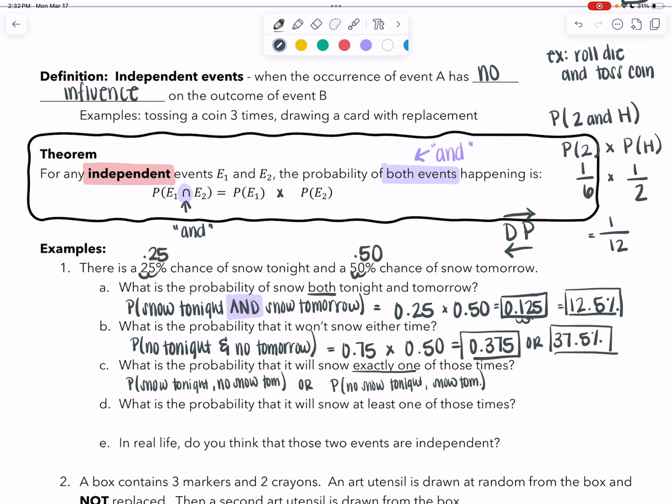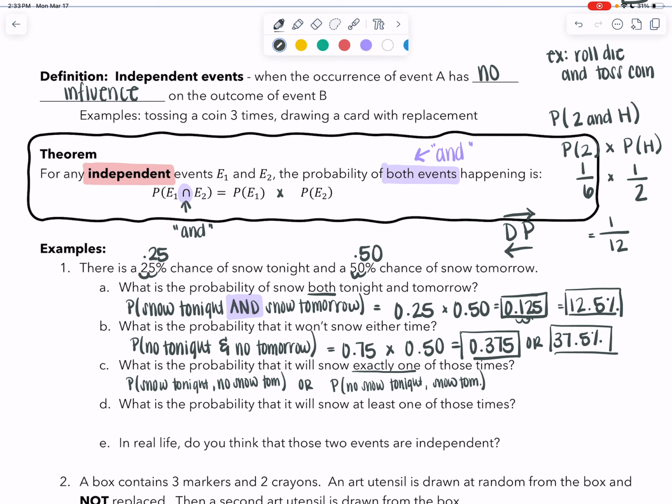So either of those could work. Exactly one day would mean that if it snows tonight, it can't snow tomorrow. And if it doesn't snow tonight, it can snow tomorrow. Okay, so both of those would be exactly one time.